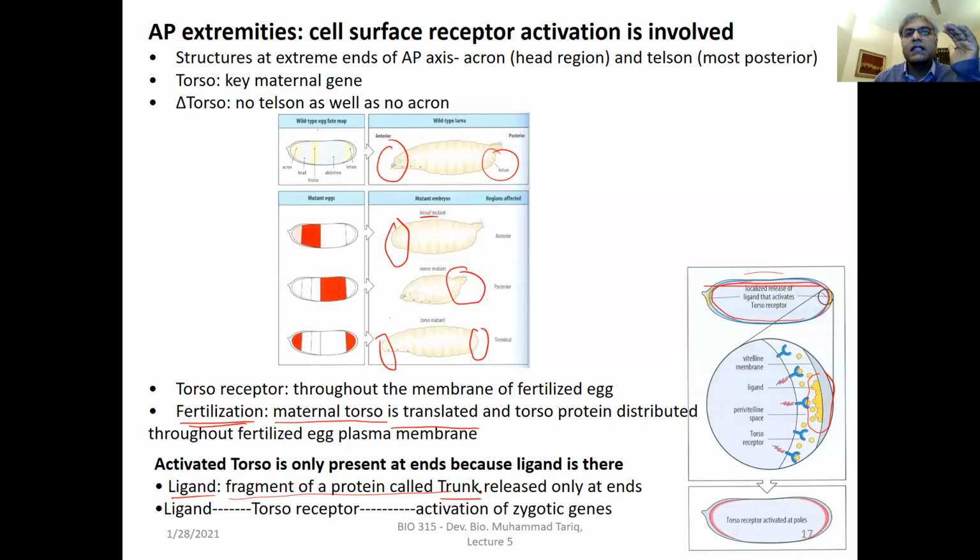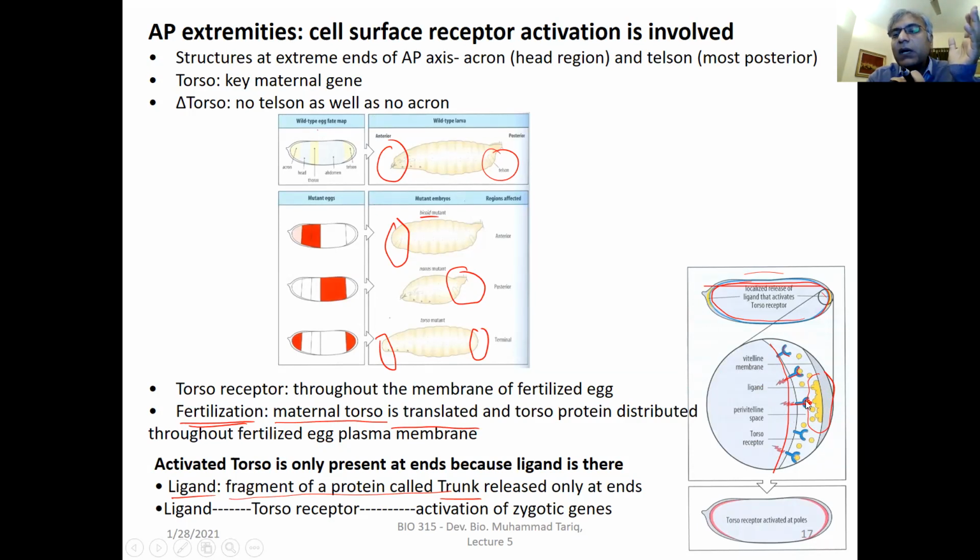And this ligand, after cleavage of trunk, is available for the torso receptor only there. The torso receptor, which is a product of the maternal torso gene, is a cell membrane receptor which receives this ligand, and then leads to activation of a downstream cascade of gene expression.